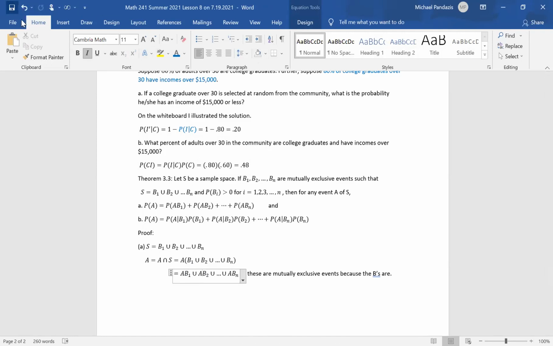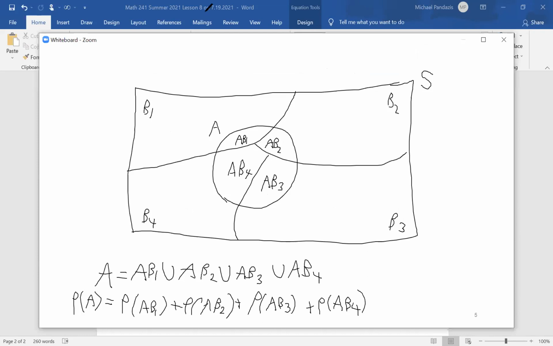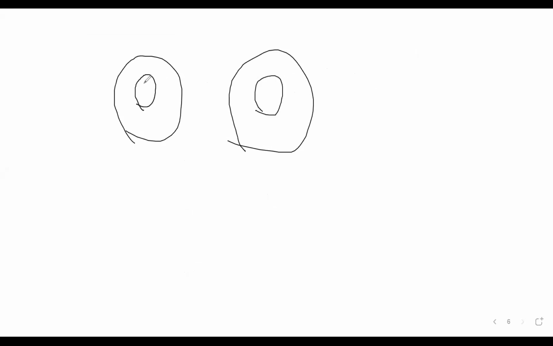I'm looking at these two events here. If you have one set and another set and they're disjoint, they're mutually exclusive events, they don't overlap, then if you take a subset of this set and a subset of that one, this event would be mutually exclusive from that one.